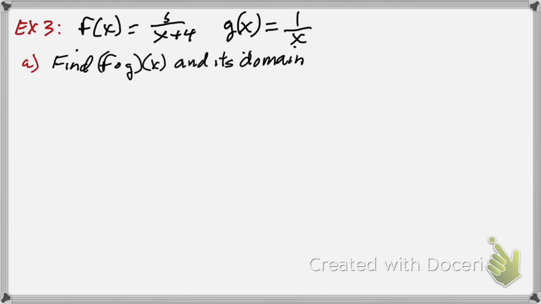Again, I like writing it like this better because it shows you what you've got to do first. Every place in f that I see an x, I'm replacing with g of x.